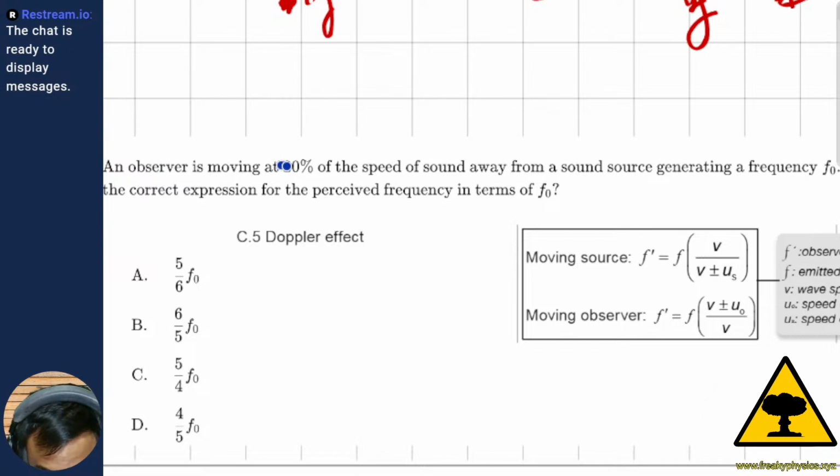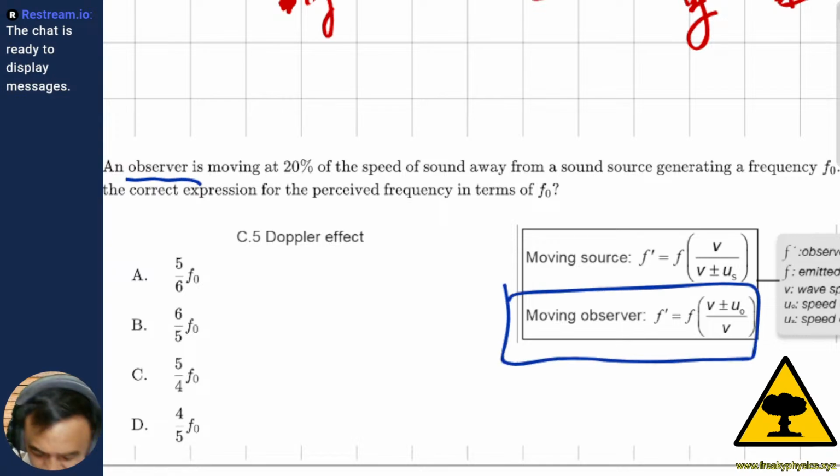Which one is moving here? The observer is moving, so we have to use this formula here. Now, our F is equal to F0. So what does this mean? The observer is moving at 20% of the speed of sound.